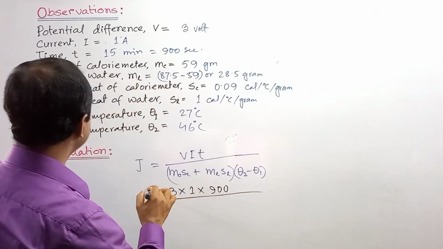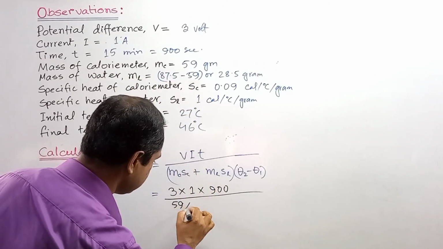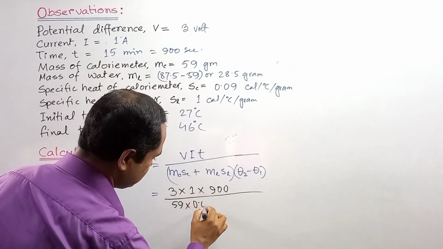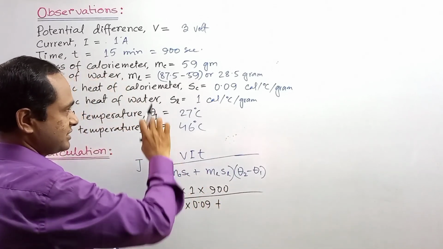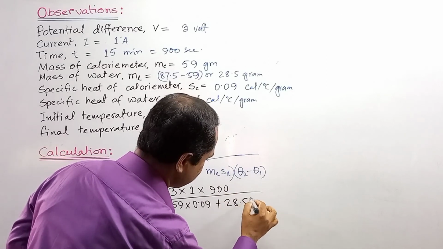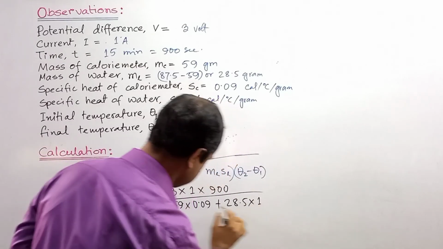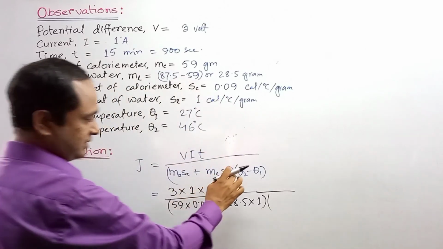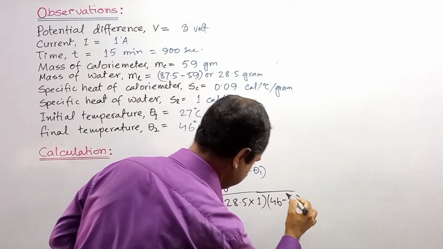divided by MC, the mass of the calorimeter, 59, multiplied by the specific heat of the calorimeter 0.09, plus ML, the mass of the liquid, this is the mass of the water, 28.5 gram, multiplied by the specific heat of the liquid, which is 1, then multiplied by the difference of temperature, that is 46 minus 27.